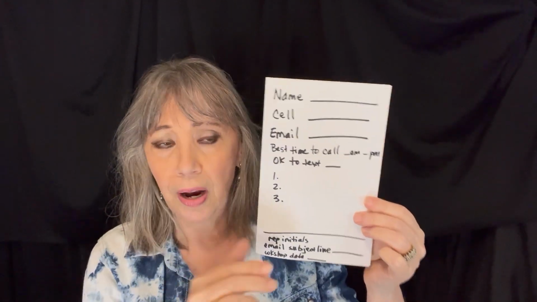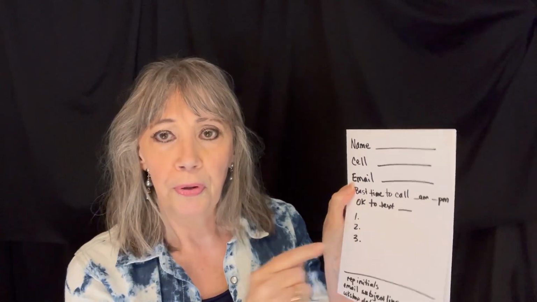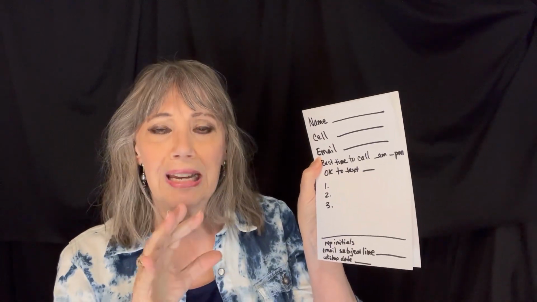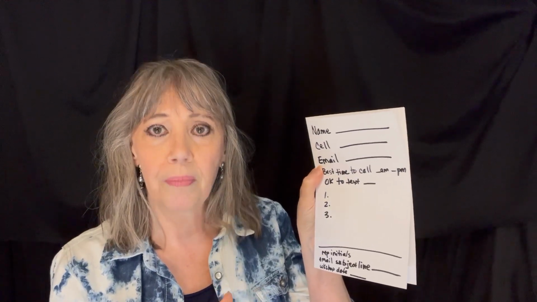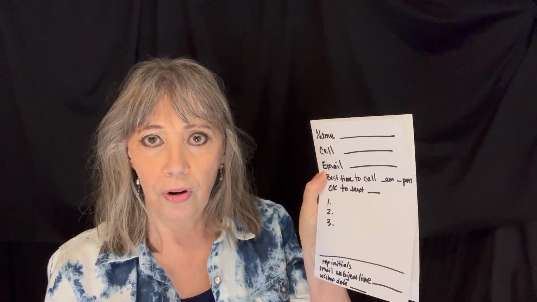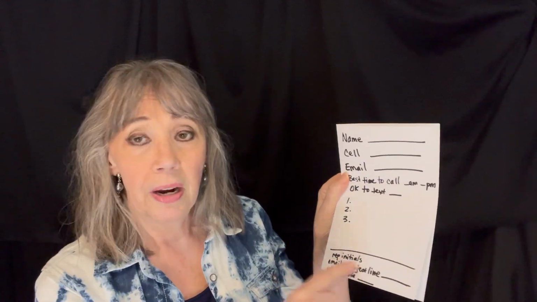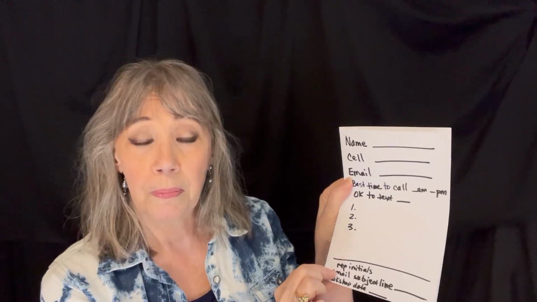Those are just some other ideas. But have your top 3 questions, the most important questions that they can answer that will qualify them as a lead for your business. The bottom area can be the rep's initials.